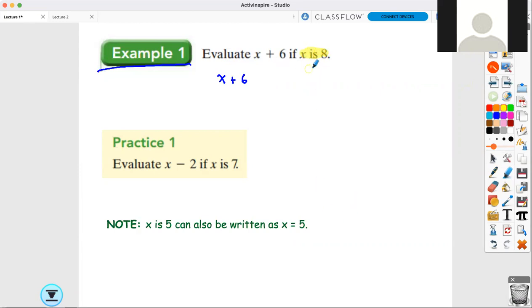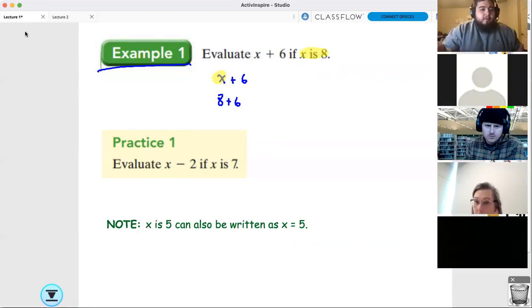Well, if x is 8, I'm going to replace this x that I have here, and I'm going to put 8 in that place. So I'm going to put 8 plus 6. Well, guys, can we do 8 plus 6 in mathematics? Yeah, we can. It was just adding. What's 8 plus 6? 14. Now, if you don't know mental math, then use your calculator. That is one of the resources you are allowed to use in this class.